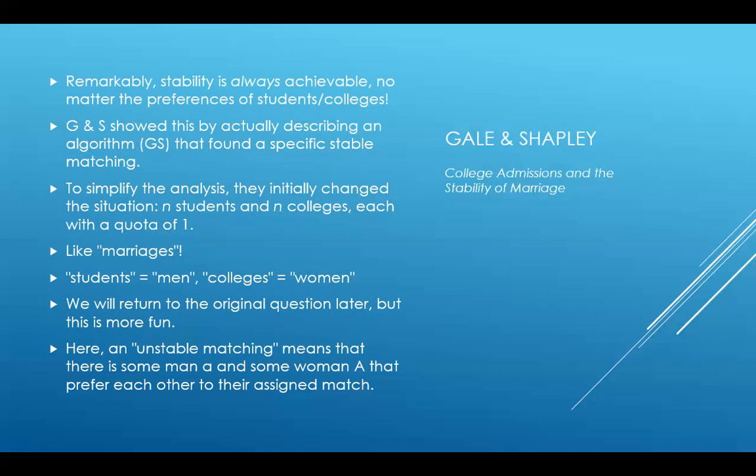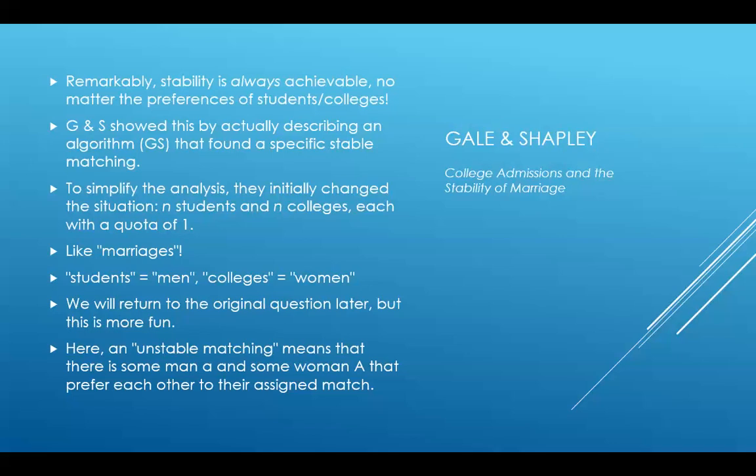And what does stability mean in this context? Well, it means that there's no pair of husband-wife combos, okay? So there's a husband-wife here and a husband-wife here, such that the husband prefers the wife of that other partnered pair and has that feeling reciprocated. If that ever happened, woo, that's bad, right? That's an instance of instability.